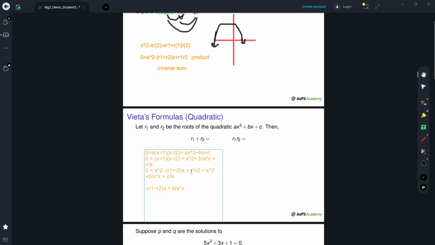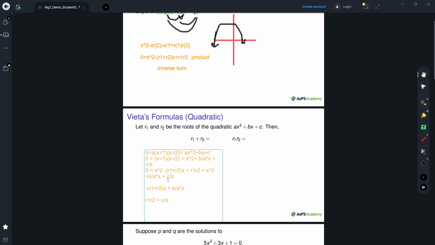And then the next one, r1 r2, what would that be equal to? R1 R2 equals what? James. So yeah, that one is going to be equal to the constant term, c over a, right?